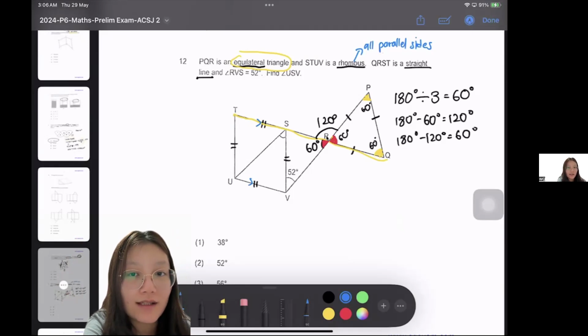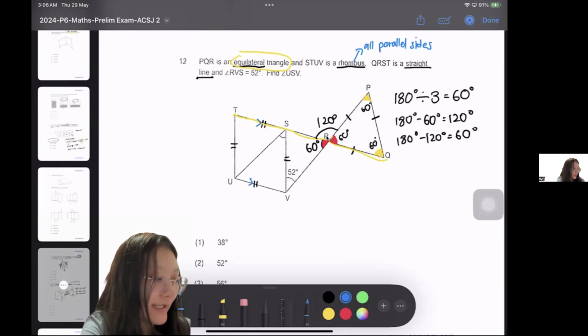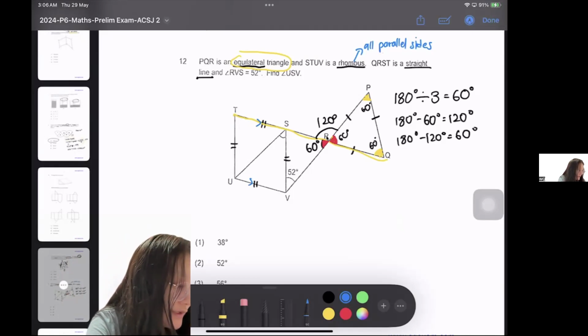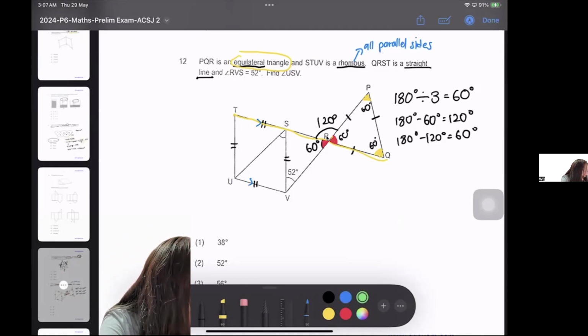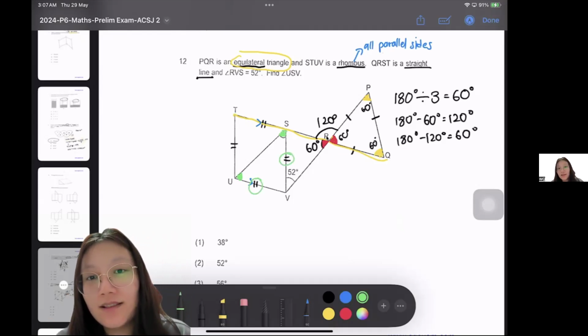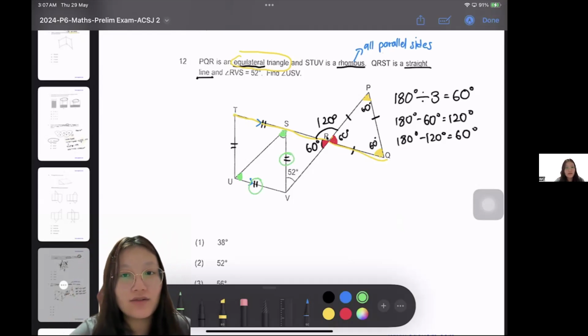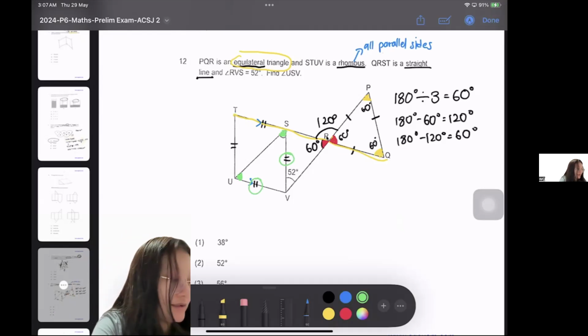Okay, and then another thing is that in this rhombus, do you see that there is actually an isosceles triangle? So you see this here, and this, okay? This means that it's an isosceles triangle, right? So there are actually two isosceles triangles.